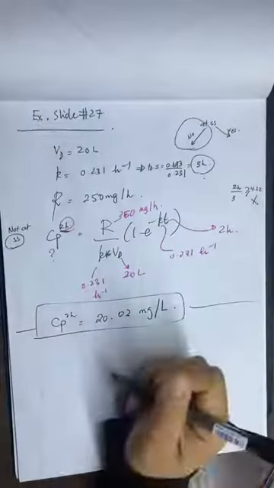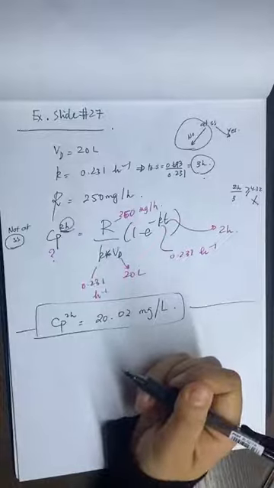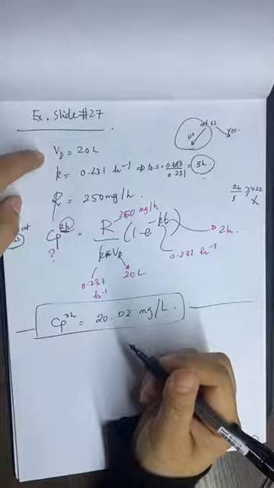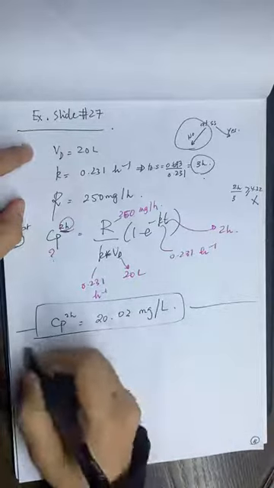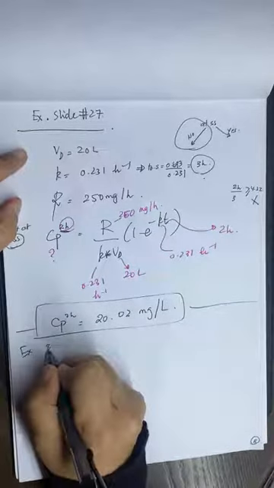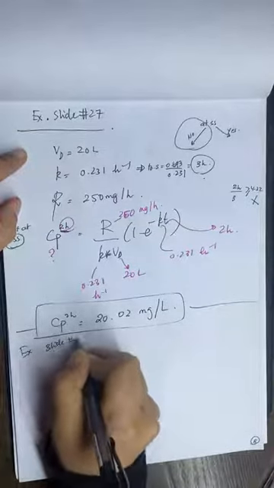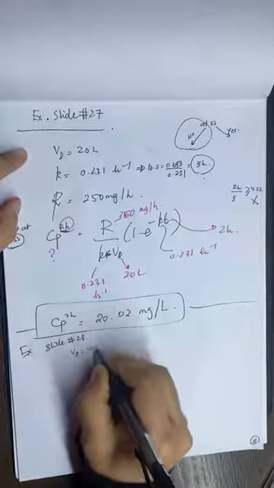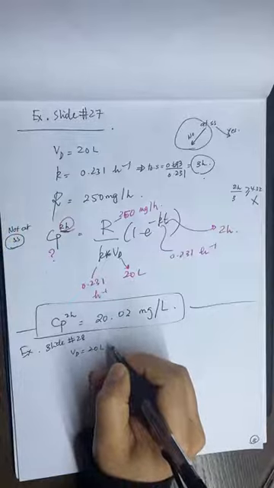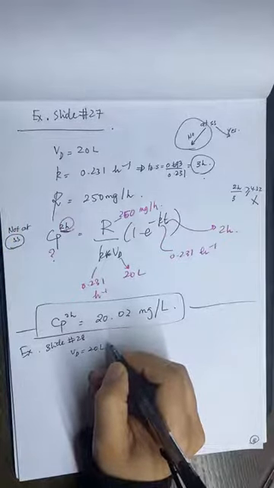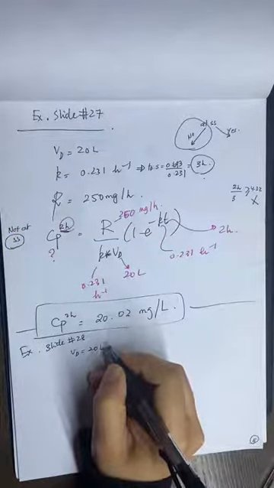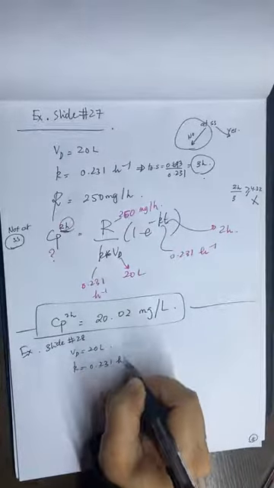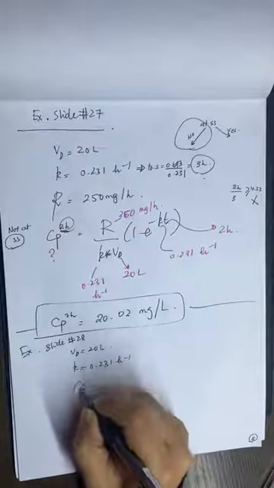The second one is the same thing. I will write it again. You will have volume of distribution equal to 20 liter, and K equal to 0.231 hour minus 1. You have the concentration at 2 hours.